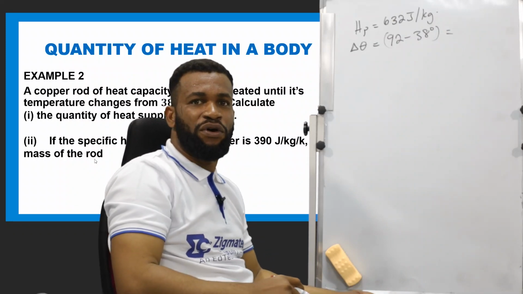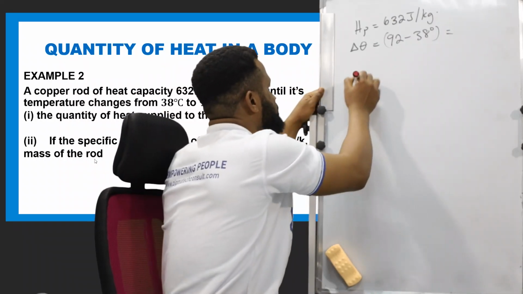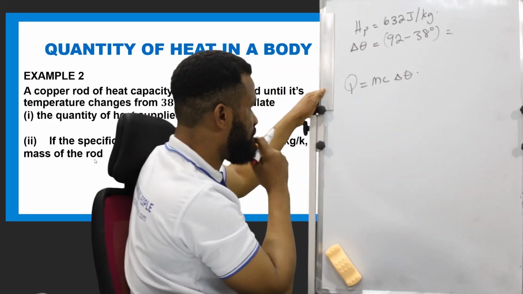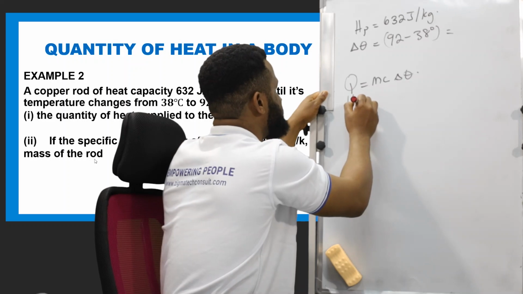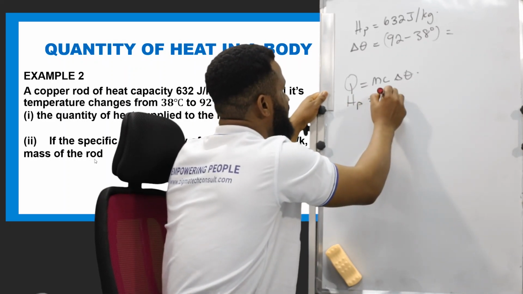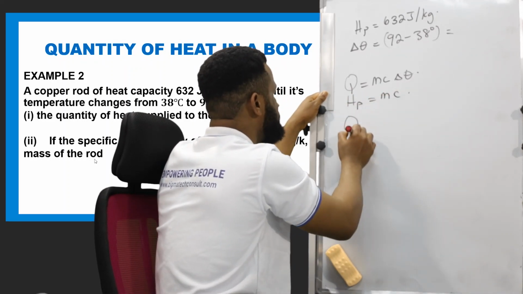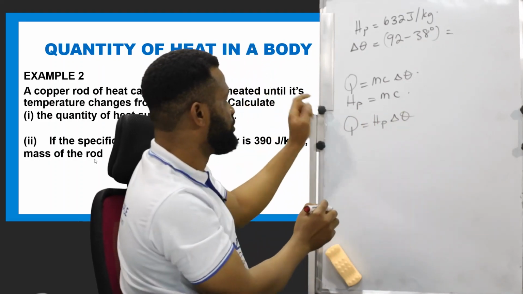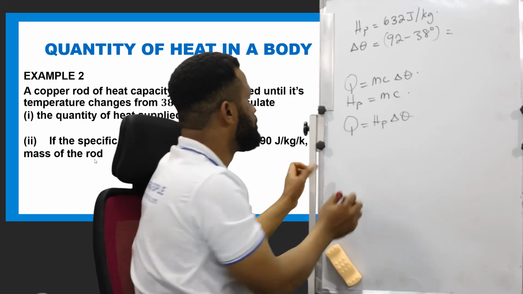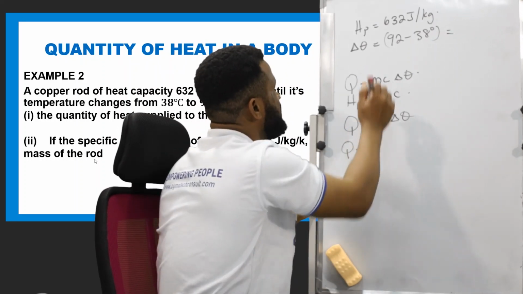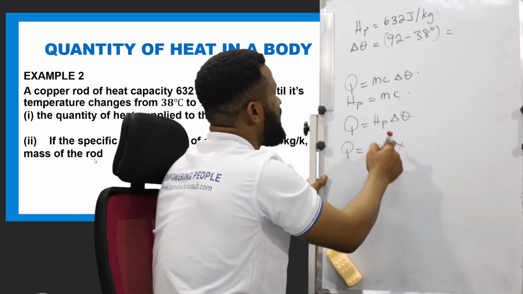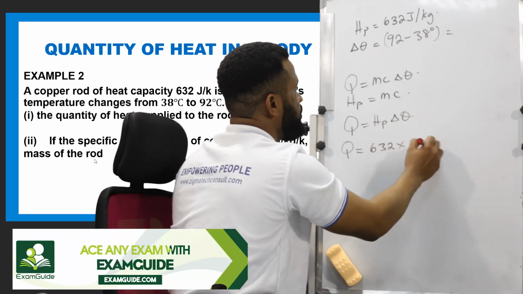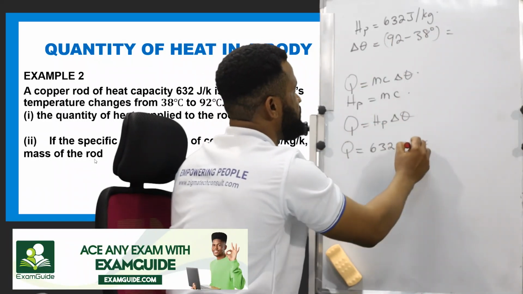And then we are looking for the quantity of heat. Remember, the formula for quantity of heat is given as MC change in theta. Also recall that HP, which is the heat capacity, is given as MC. So this quantity of heat is going to be HP times change in temperature. So quantity of heat is equal to HP, 632, multiplied by the change in temperature, which is 92 minus 38, that is 54.